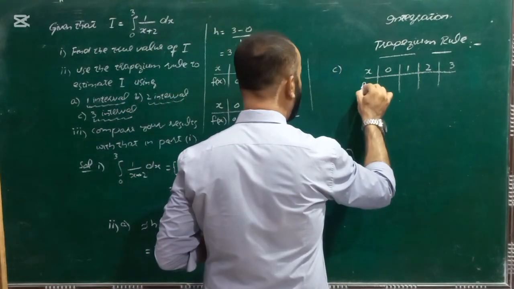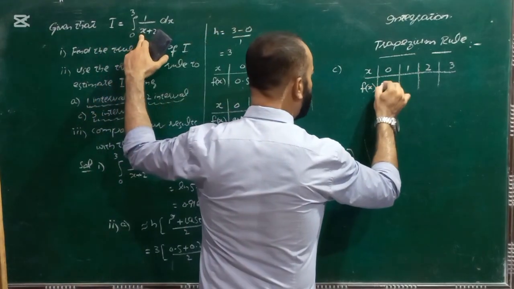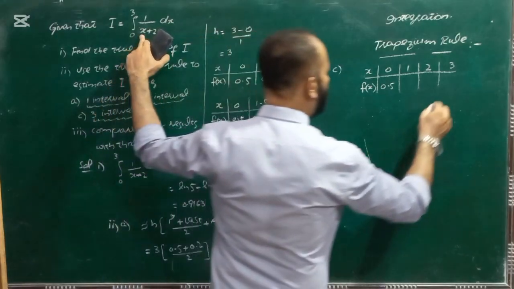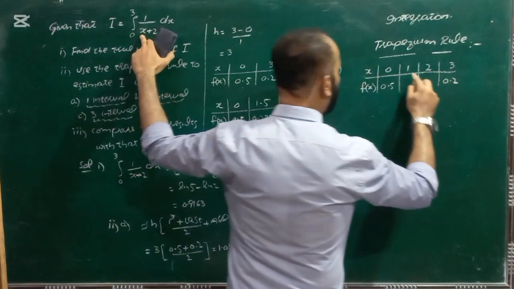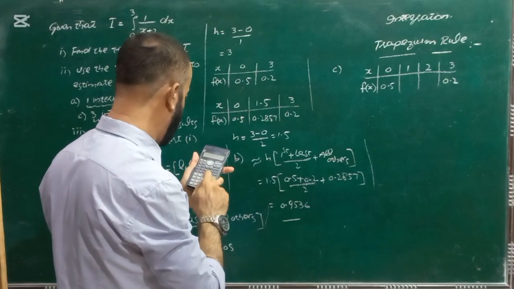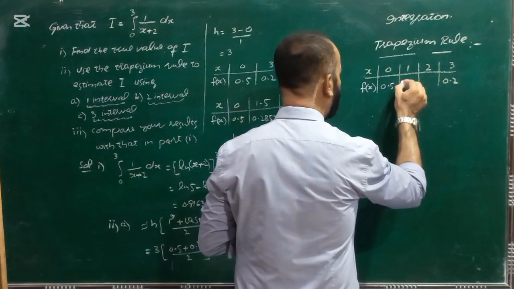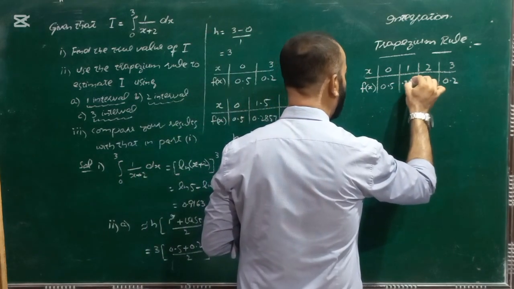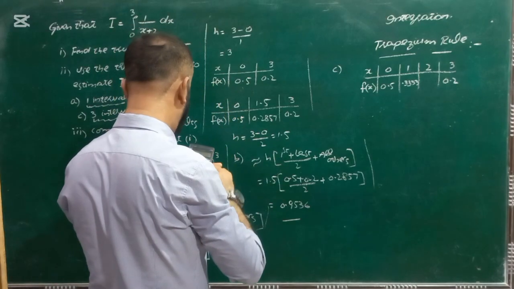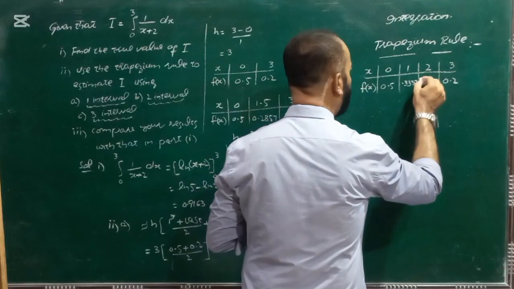So f of x will become, when 0, it will be 0.5, and when 3, it will be 0.2, when 1, so 1 by 3 is 0.3333, and when 2, so 1 by 4, 0.25.